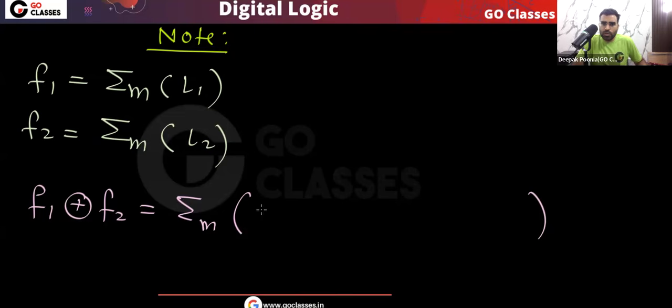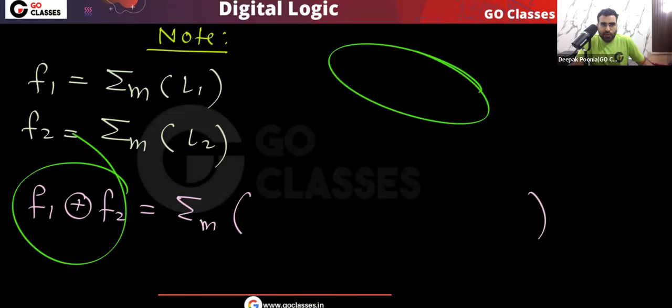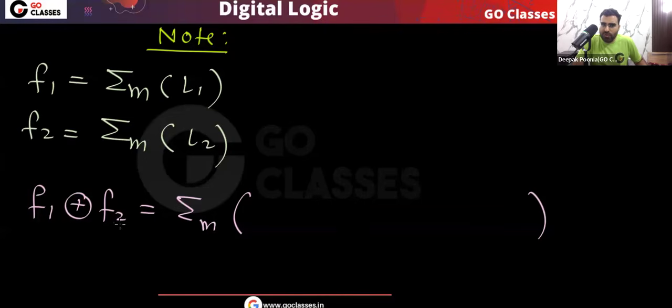Correct? So you tell me, for any row f1 xor f2 will be 1 if and only if for that row f1 is 1 and f2 is 0, or f1 is 0 and f2 is 1. Do you agree with me? Remember, xor will be 1 when exactly one of the variables is 1.